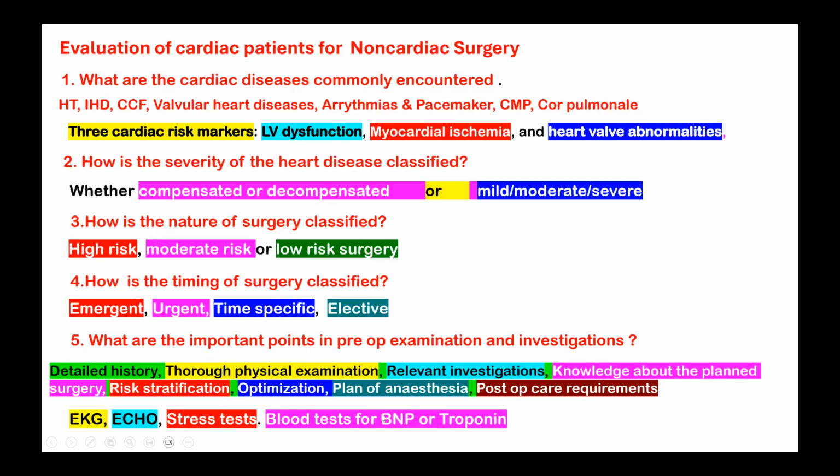The BNP will quantify the severity of the heart failure, and the troponin, even though it is an acute marker for ischemia, may be consistently elevated if the patient had a recent history of acute coronary syndrome features. So this also has to be mentioned.